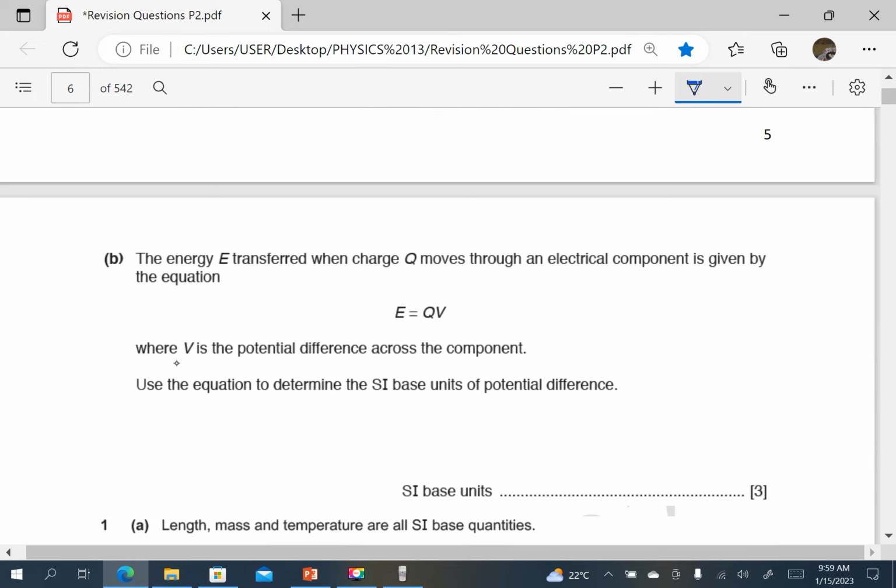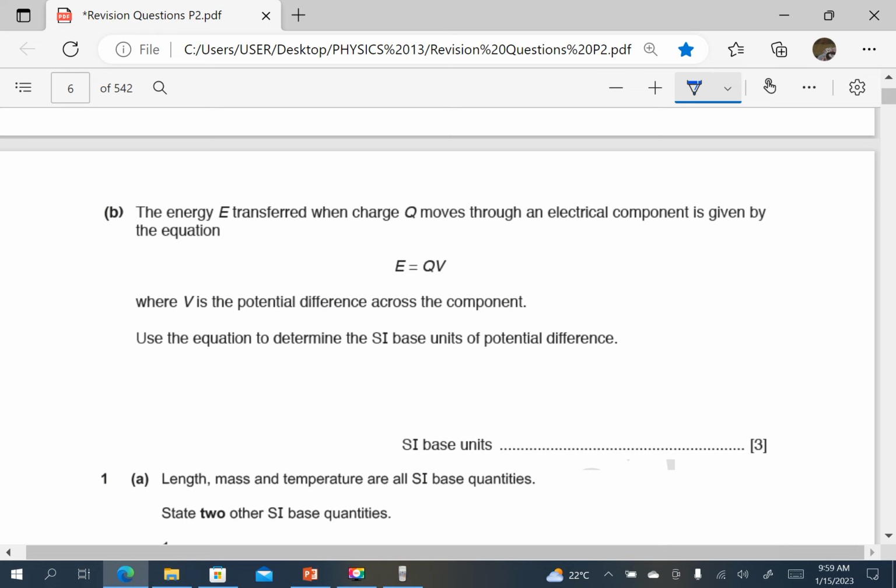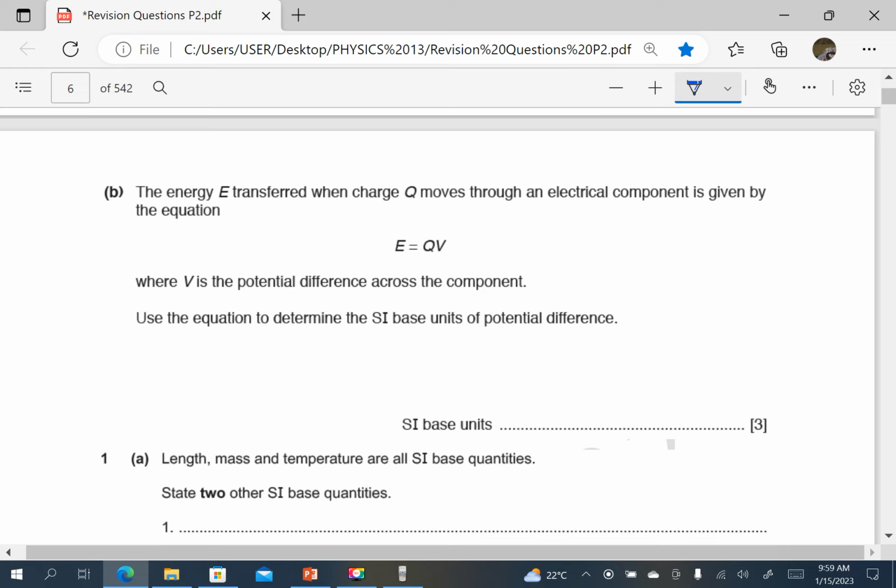The energy E transferred when charge Q moves through an electric component is given by that equation. V is the potential difference across the component. Use the equation to determine the SI base units of potential difference. So we make V the subject. Remember, E is energy transferred and energy is work done.